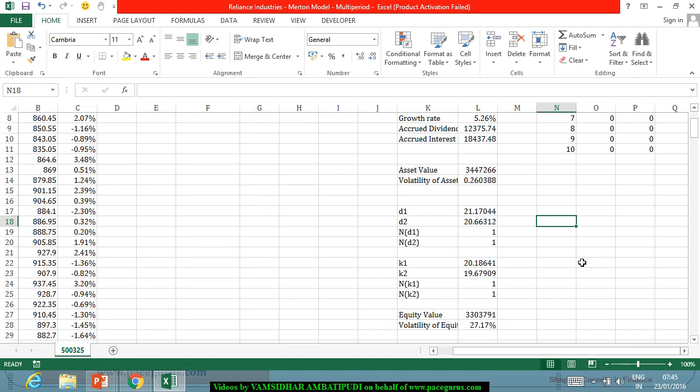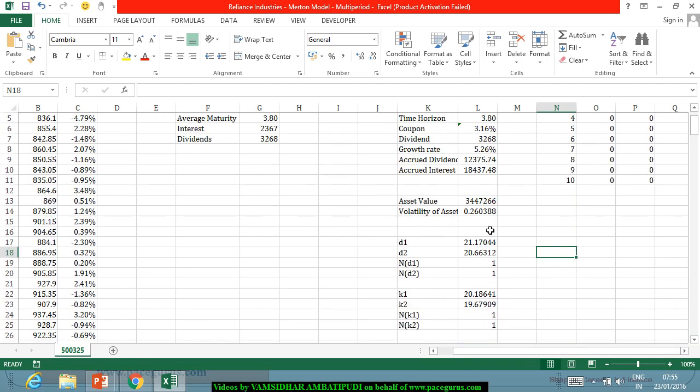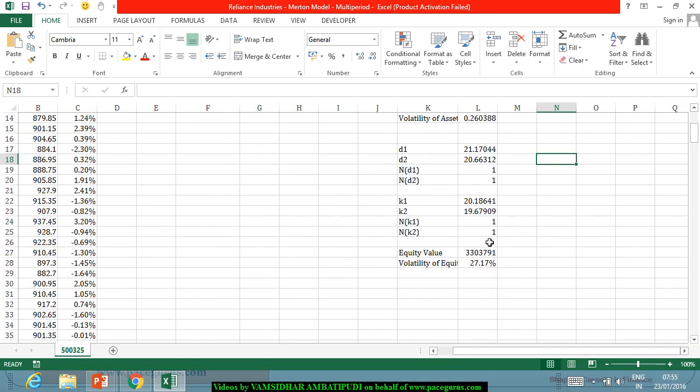Now from this we can try finding out the actual asset value and finally compute the default. The probability of default we can compute. So we'll take the squared error to start with. That's what we did in our earlier case.